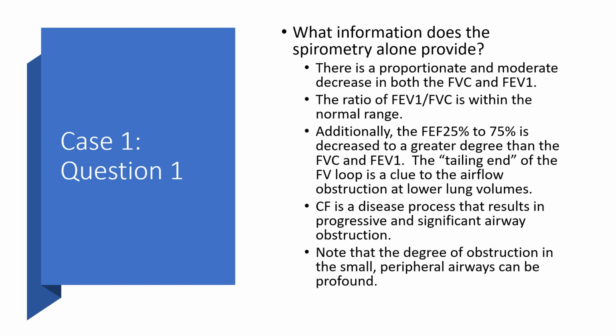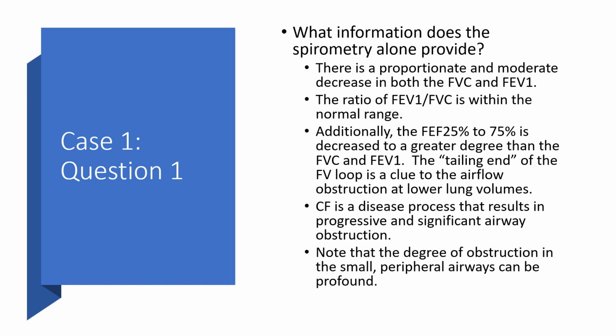The third bullet point: additionally, FEF 25-75 is decreased to a greater degree. And remember, with FEF 25-75 you're really looking at the peripheral, very small airways. So that's decreased to a greater degree. And the tailing off of the flow volume loop is a clue that airflow obstruction is affecting the patient at lower lung volumes.